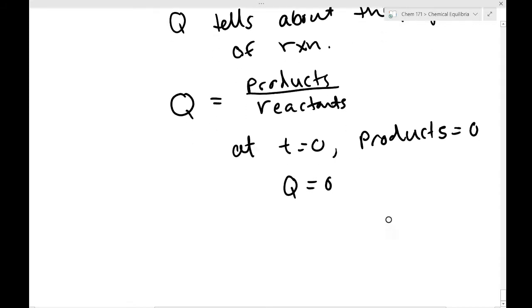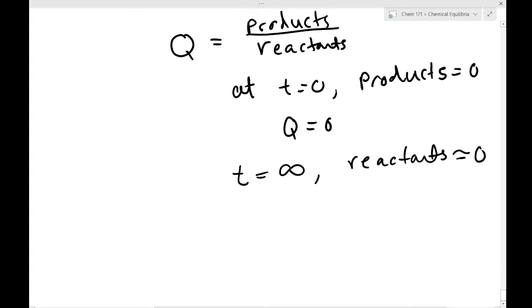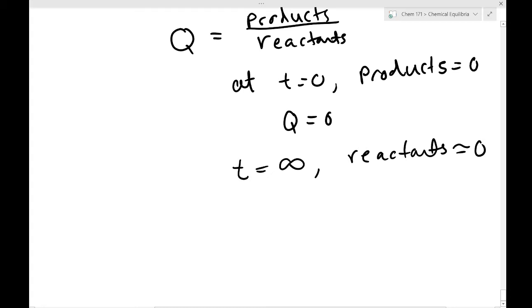And if you look at time t equals infinity, basically there are no reactants left, so the reactants are equal to 0, and dividing by 0 is undefined, but it tends toward infinity.